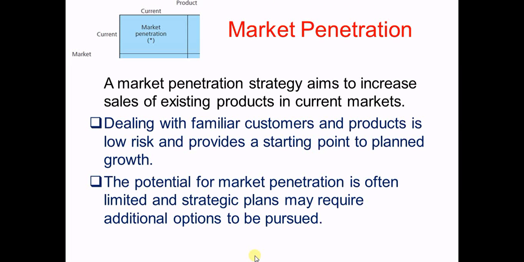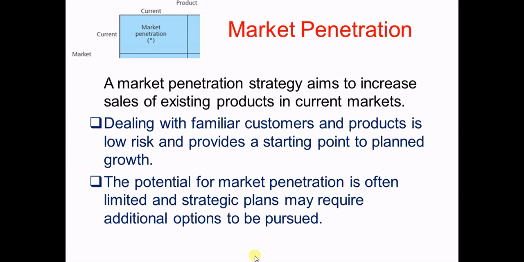The first option that will be there for an organization is to do what is called market penetration. Market penetration aims to increase the sales of an existing product in the current market.